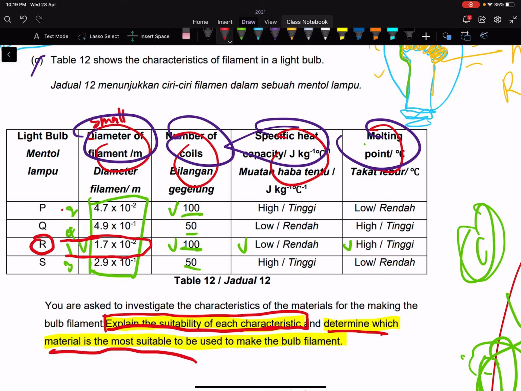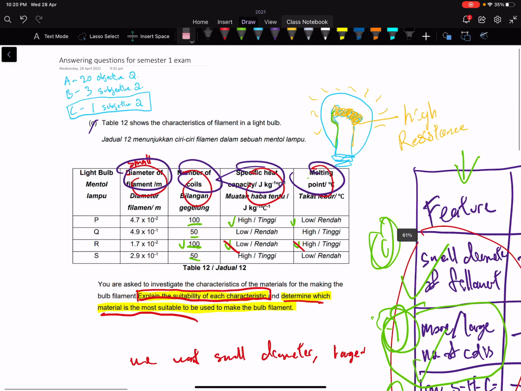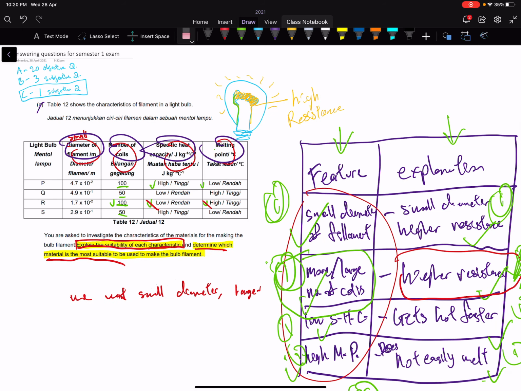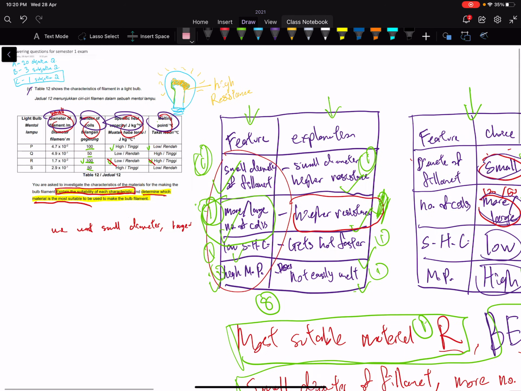You just have to see, right? So let's say this one's not the lowest, it doesn't mean you can cancel it out immediately. You have to check the rest. For example, if these two factors are correct and one of these is wrong, then obviously, even though this is a smaller one, we would still choose P. Okay? Right, I think that covers everything for your section C for this semester exam.